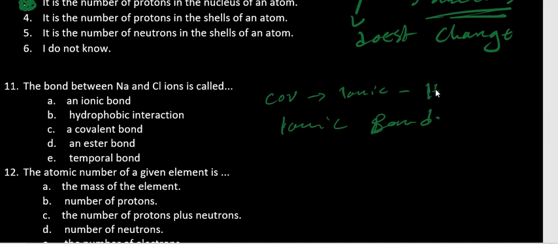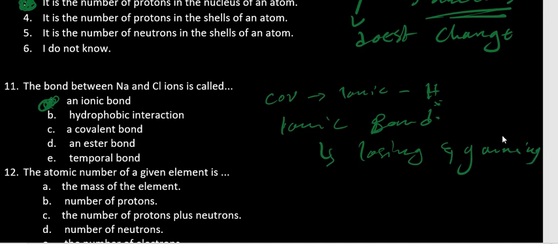Actually the weakest is the hydrogen bond. Please take note of that. So in this case our answer is just an ionic bond. An ionic bond involves losing and gaining of electrons. So make sure that you take note of that.